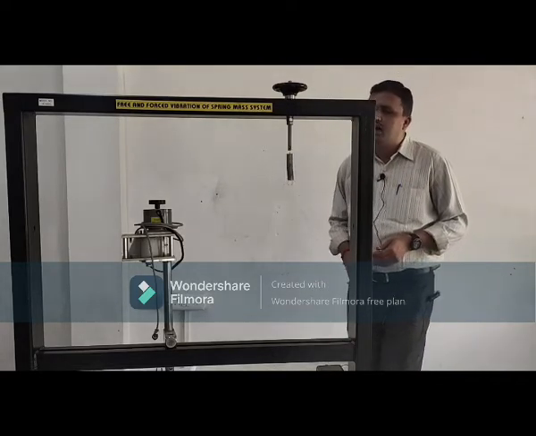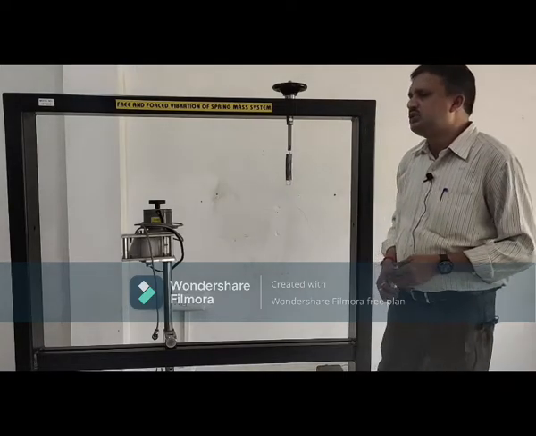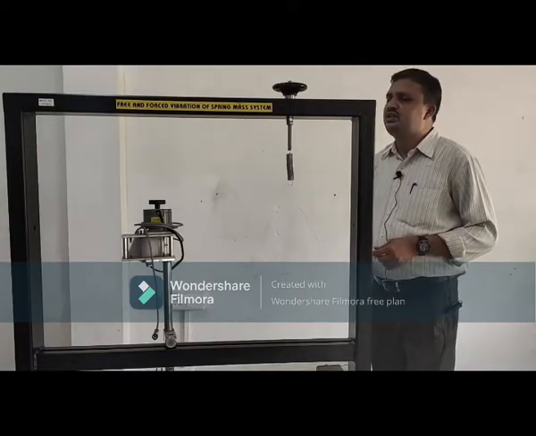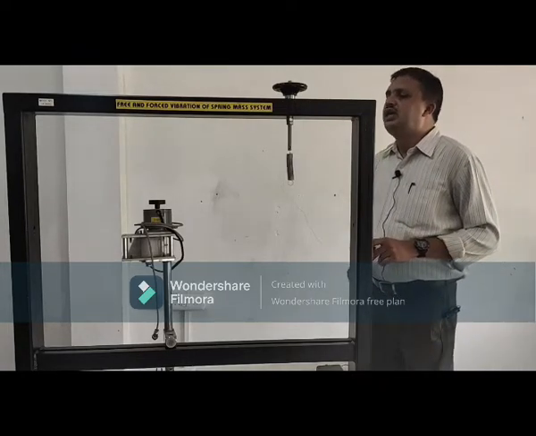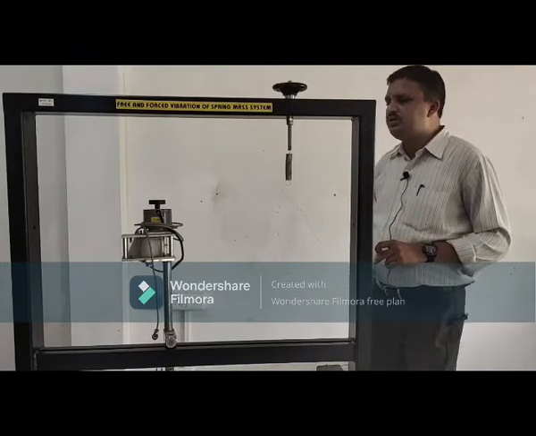After attaching the mass, we need to measure the stretched length, and the difference between the two will give the change in length with the addition of mass.